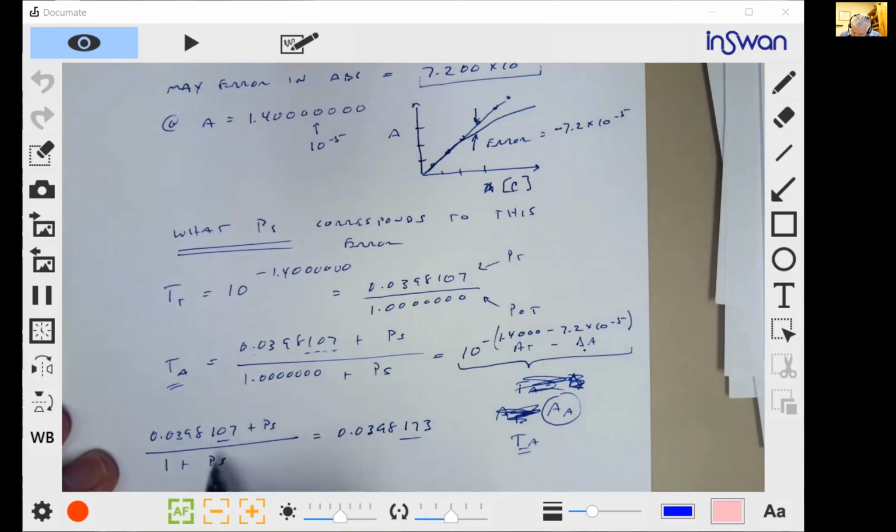So that's the difference we're trying to make up for by adding P sub S there, right? And then when you solve for PS, you get a value of 0.000006892, which is 6.86 times 10 to the minus 3 percent.